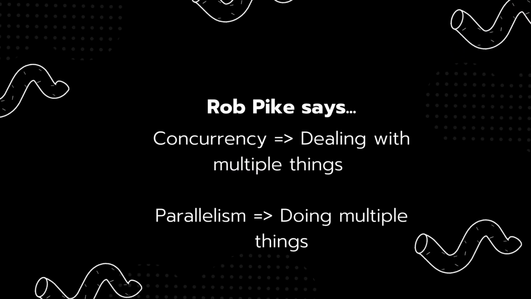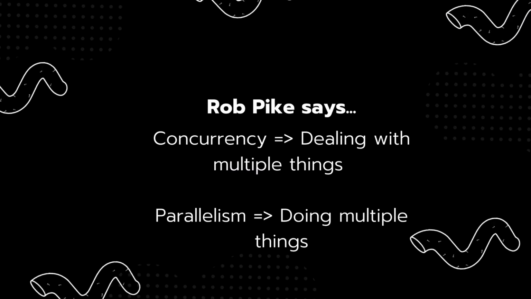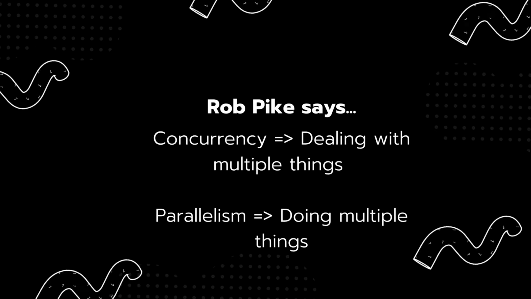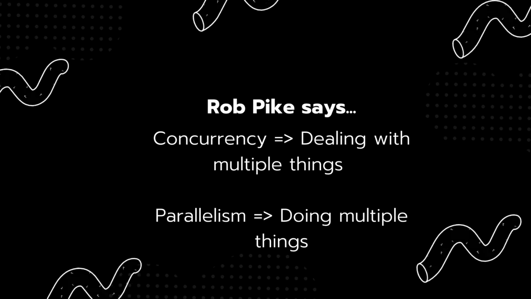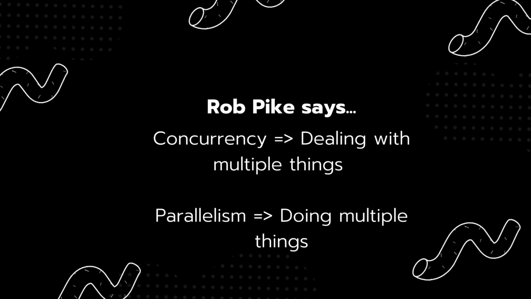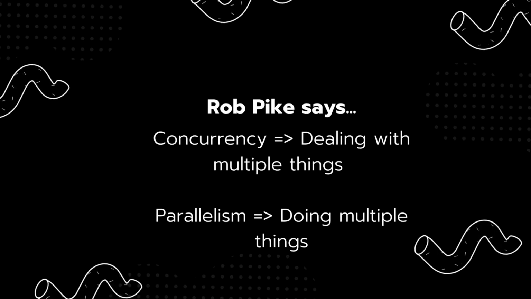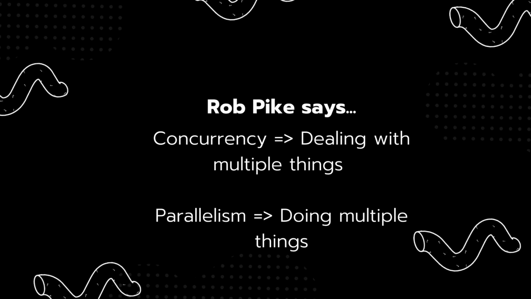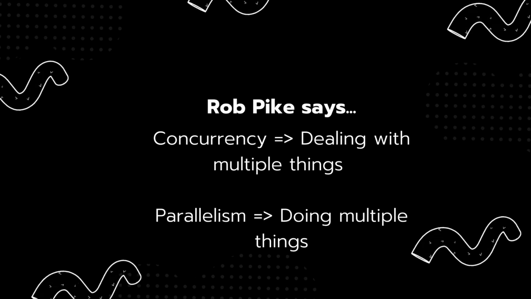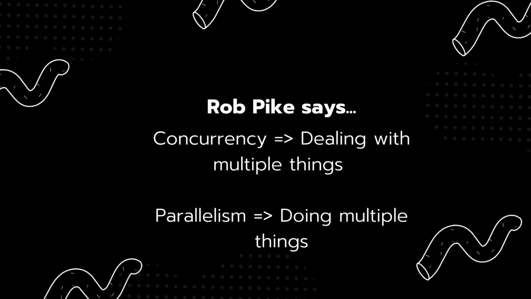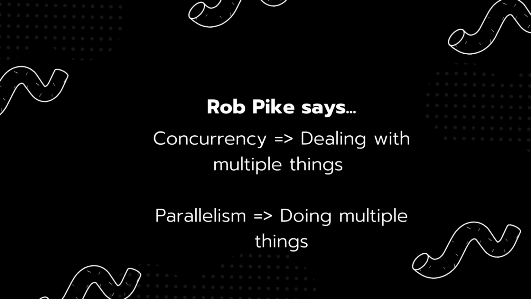Very confusing, and since the English dictionary's meaning is very similar, it's often used interchangeably. That works well in English, but often when it comes to computer science, especially operating systems, concurrency and parallelism are not equal.